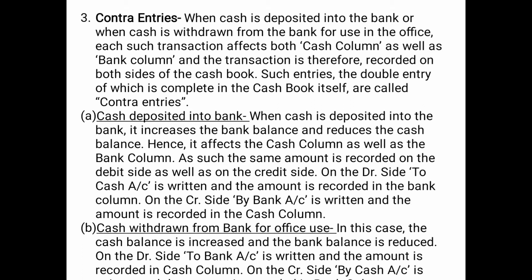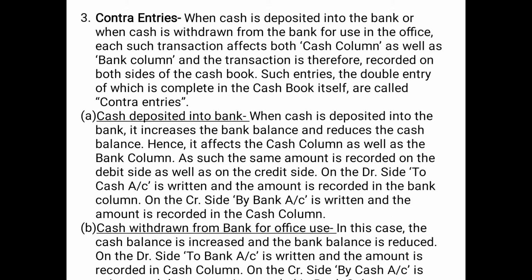And just to differentiate, to demarcate it as a contra entry, the letter C in capital is written in the LF or ledger folio column, just to denote that it is a part of a contra entry. As you can see, when cash is withdrawn from the bank for use in the office, each such transaction affects both cash column as well as the bank column, and the transaction is therefore recorded on both sides of the cash book.